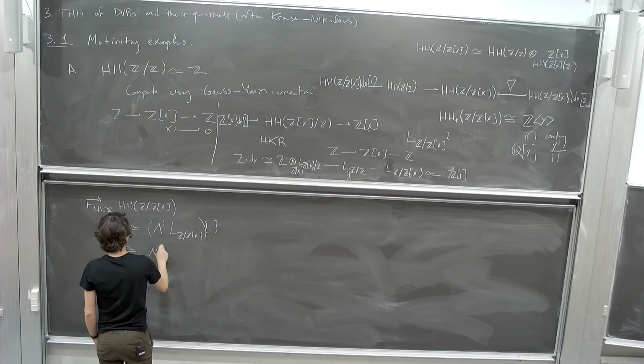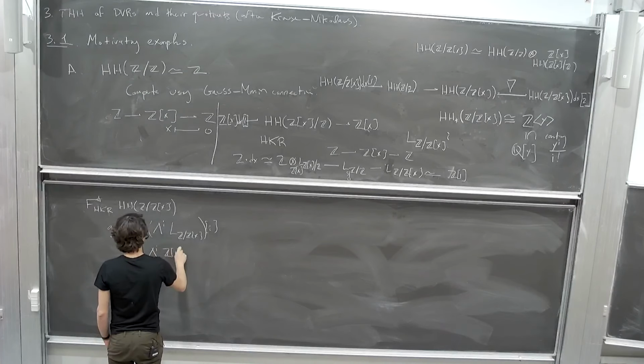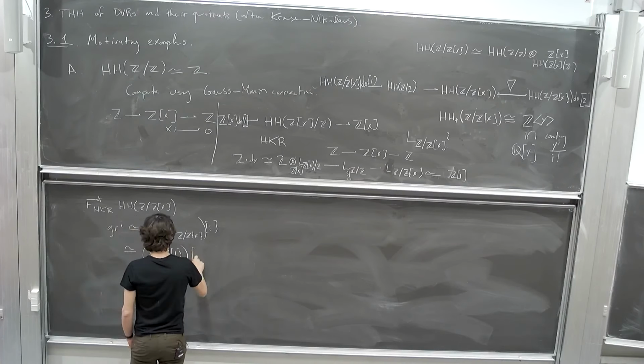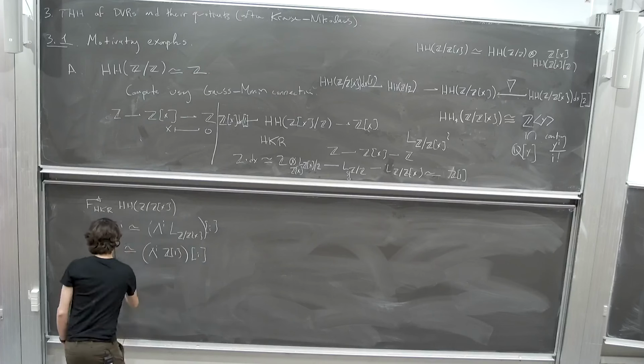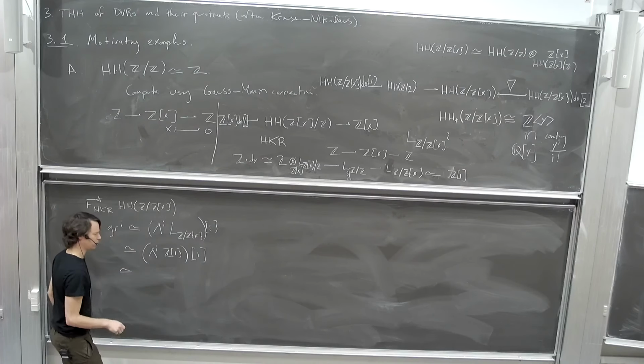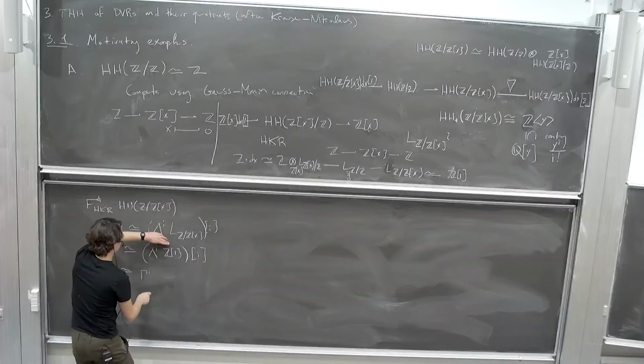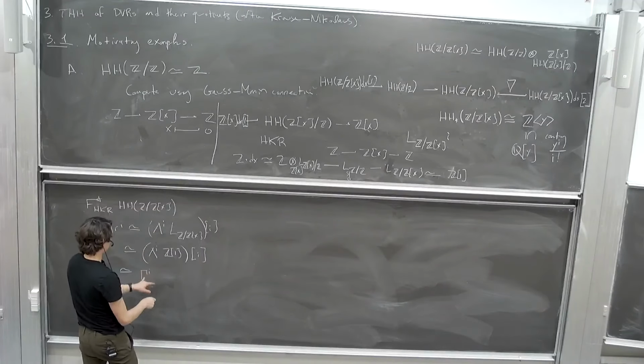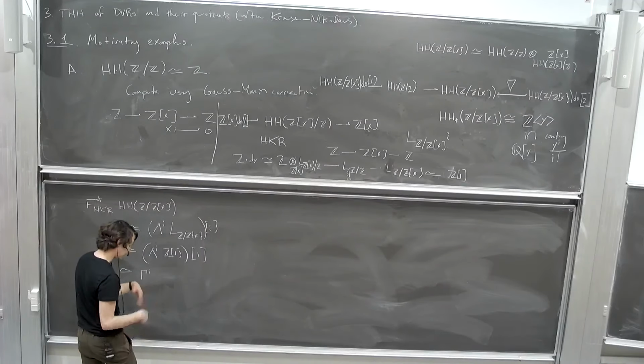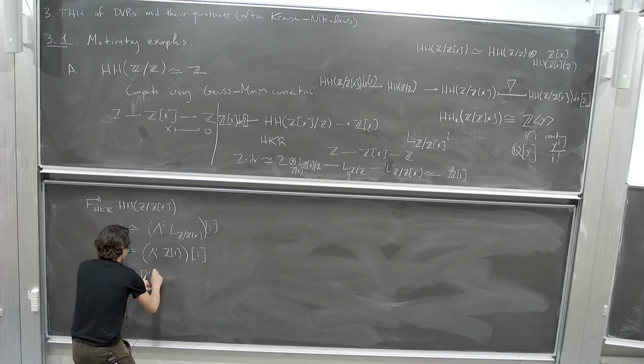That's wedge i of Z shifted by 1 sitting in degree i. And by something else called décalage, this is the divided power algebra, or the ith divided power of Z.